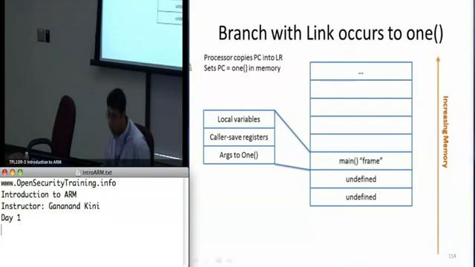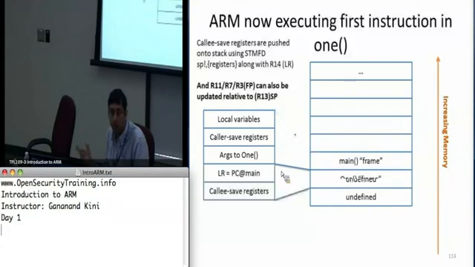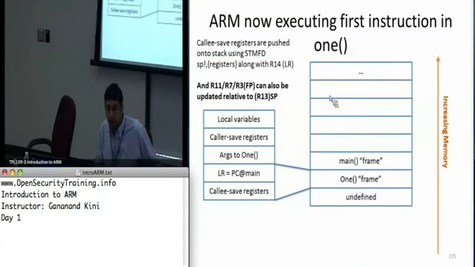What happens is a branch with link occurs when you call 1. If you look at the assembly code that's generated, it'll have a BL or BLX instruction to 1. And so the program counter gets updated with a new value, the address of 1.